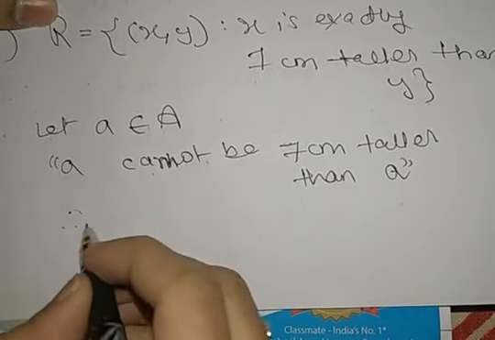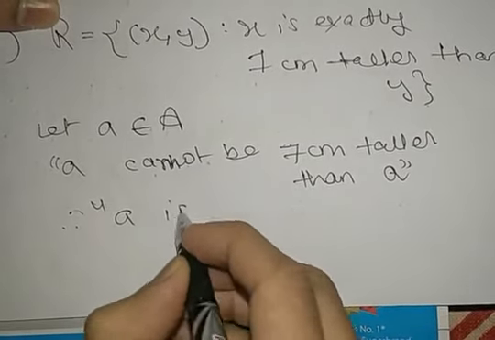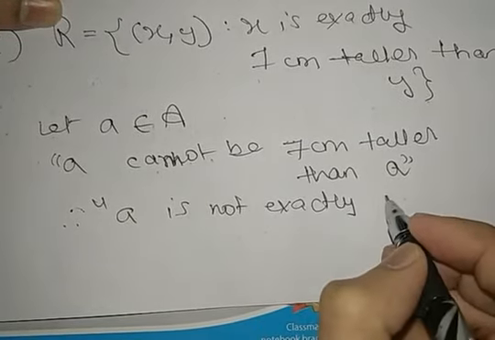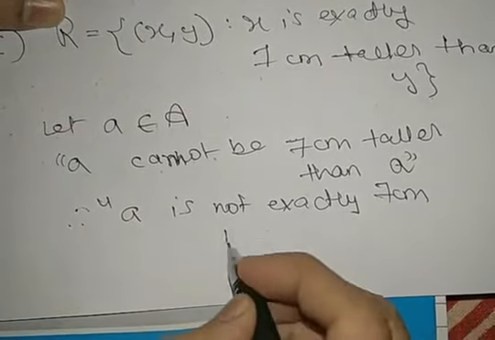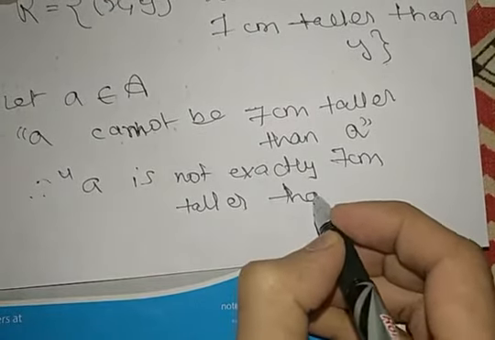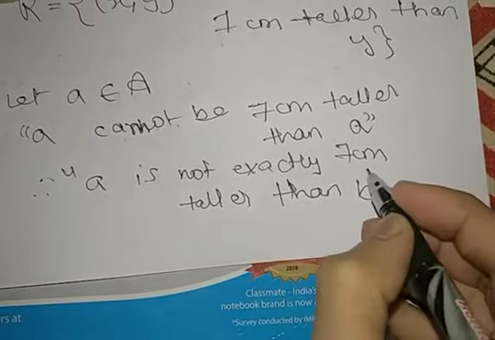So a is not exactly 7 centimeter taller than a.